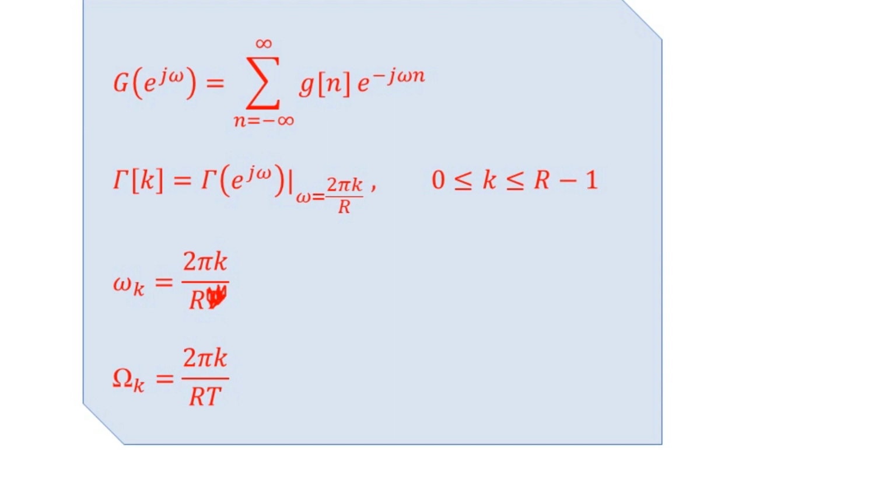So let us have that g of n normalized by the angular frequency omega suffix 0. So that is expressed as g of n equal to cosine of omega suffix 0 n plus phi.